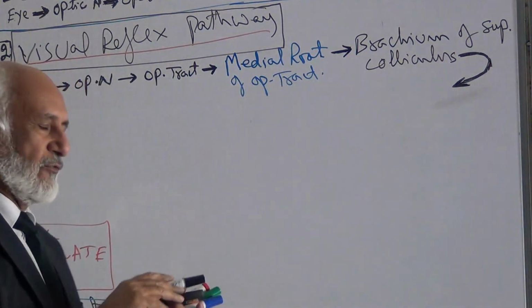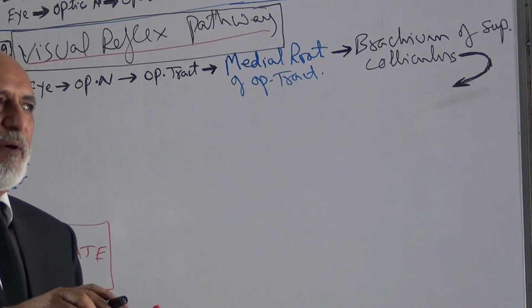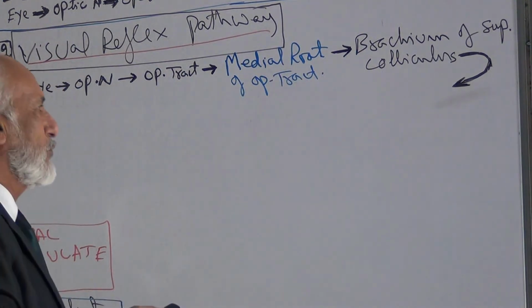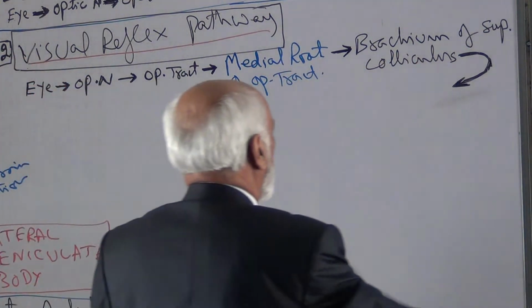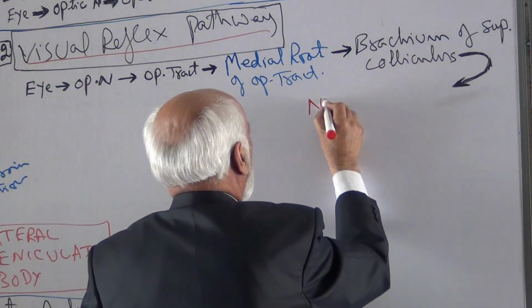Then these fibers for the reflex visual pathway, passing through the brachium of the superior colliculus, relay in the nucleus of the superior colliculus.